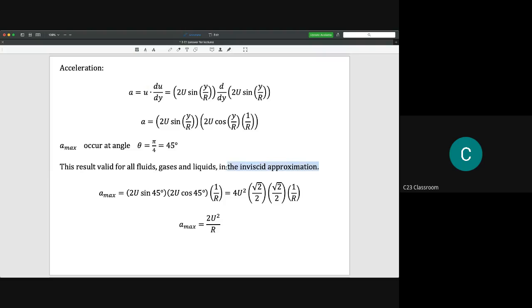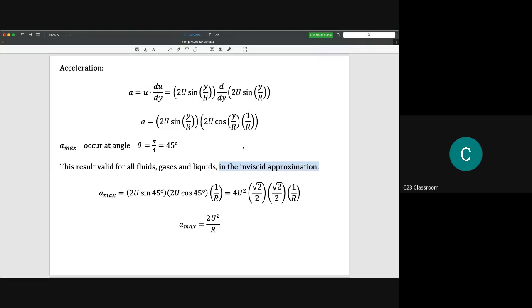It means we just assume that the effect of viscosity cannot be accounted for, because if the effect of viscosity is taken into account, for sure there will be the no-slip condition, which will create a velocity profile that stops the velocity on the surface of the cylinder, and then they will create a boundary layer, a velocity profile on the surface.